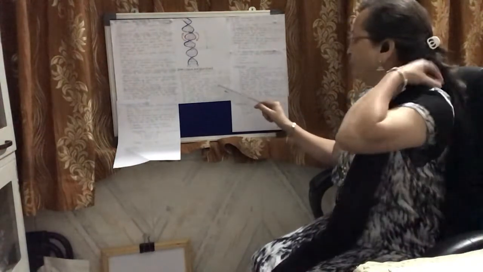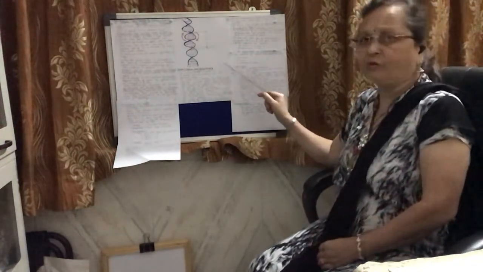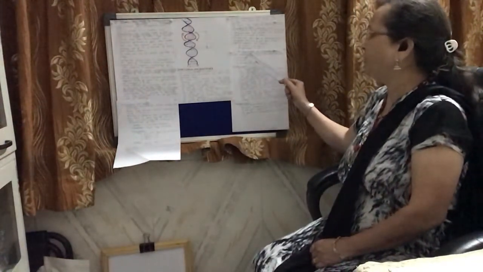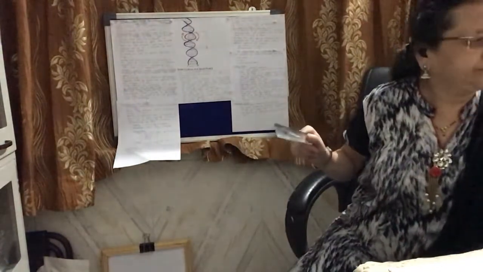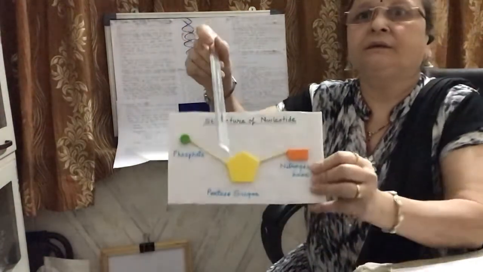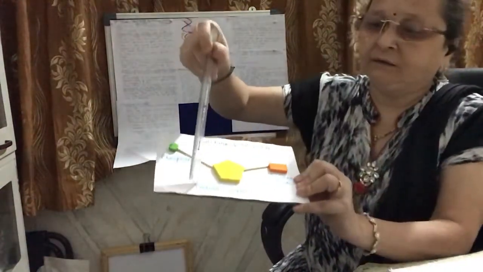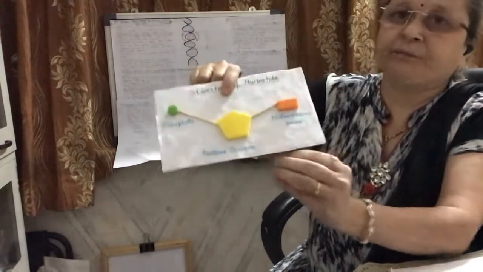So let's move further. Now we are going to learn about the structure of nucleotide, the monomer. So see students, here this is a structure of nucleotide. Here this is the pentose sugar.